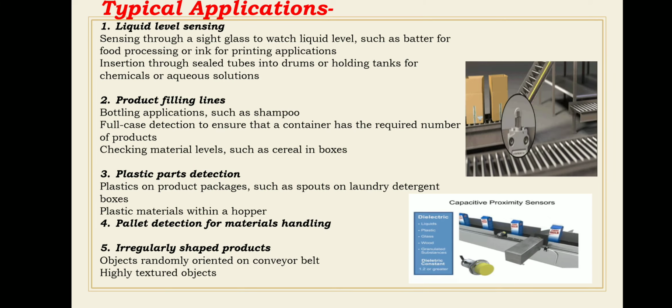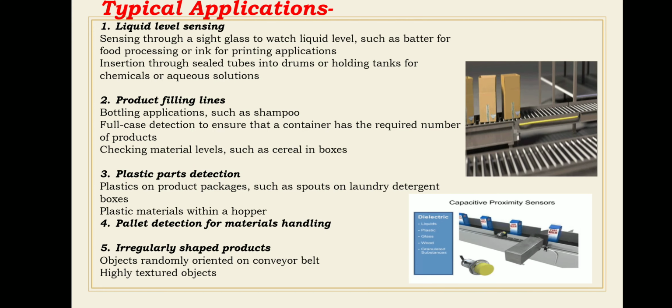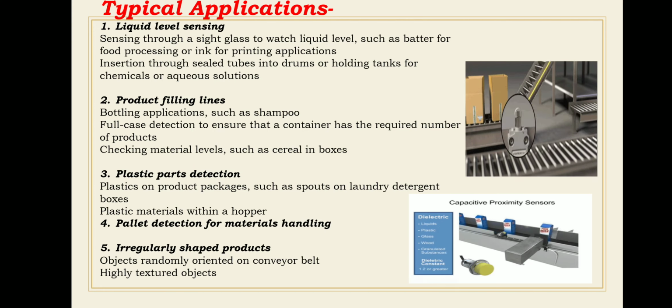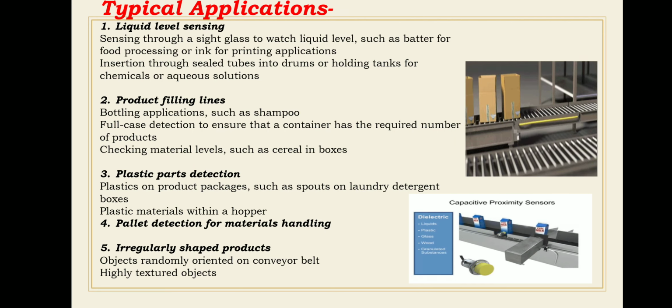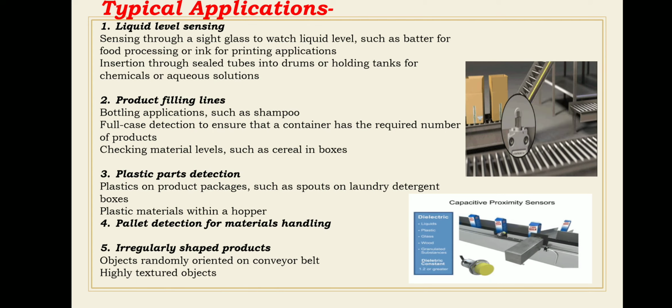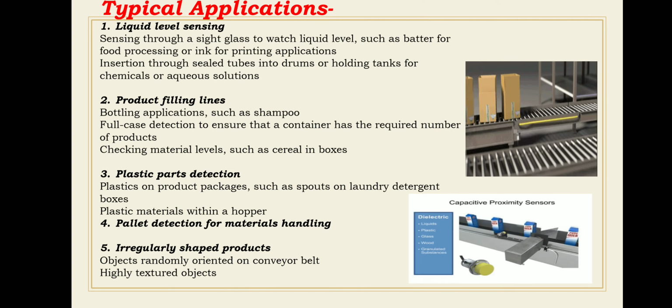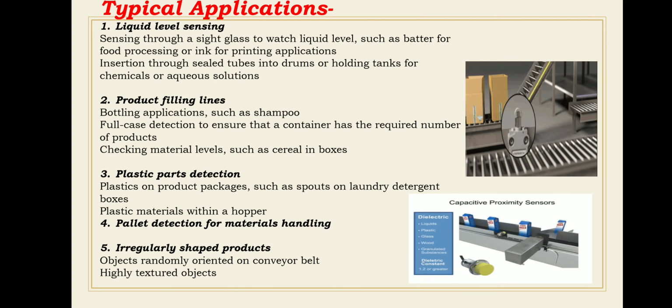The second application of proximity sensors is product filling lines. This is a very important application. For bottling applications such as shampoo, full case detection ensures that the container has the required number of products, or checking material levels such as cereal in boxes.